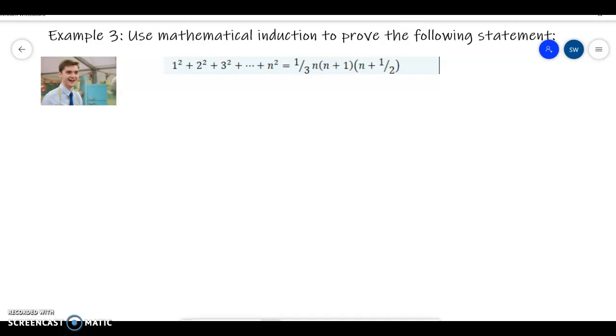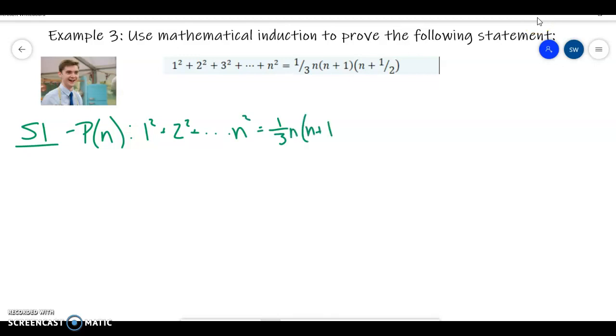So here we go. Just like last time, step 1. We're going to call this P of n: 1 squared plus 2 squared plus ... n squared is equal to this lovely thing. Start with P sub 1.